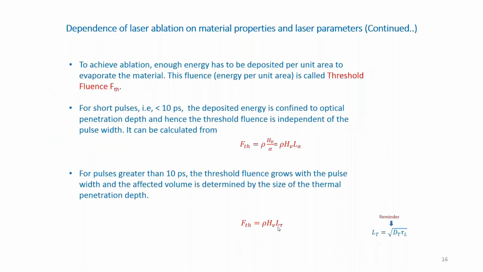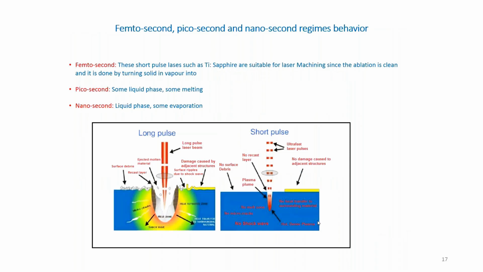This thermal penetration depth depends on the pulse width and also on the diffusivity of the material. Therefore, each regime has its own characteristics. This way, the pulse width comes into the picture when you have a laser that has a pulse width of more than 10 picosecond.